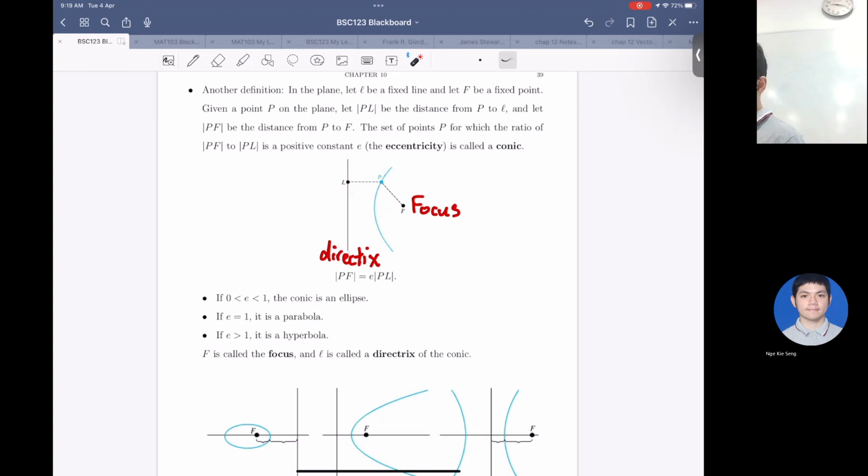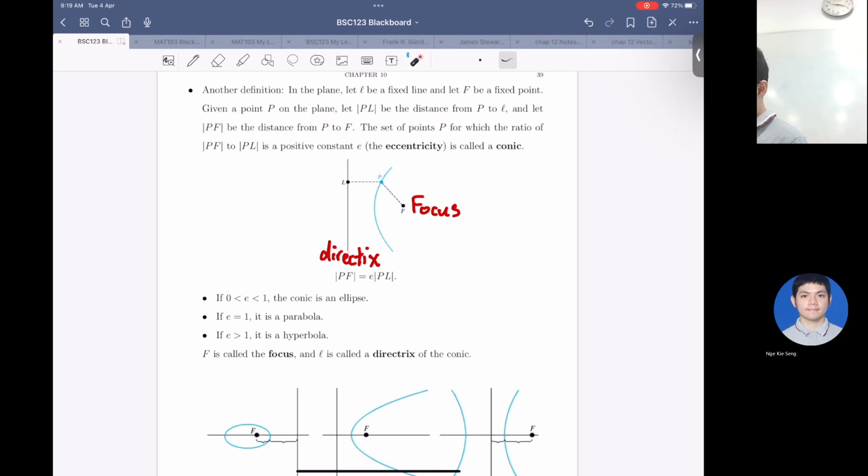So let P be a point on the plane, not the plane, on the curve. So PL is the distance between P and this line, and then let PF be the distance from the focus point to the point on our curve.